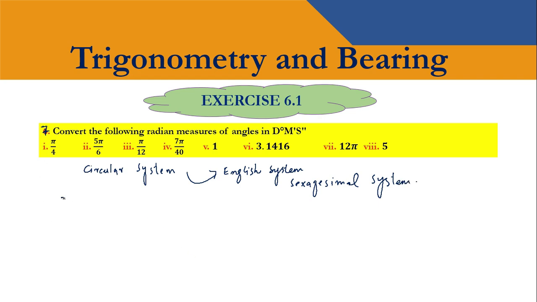So as we know, 2 pi is equal to 360 degrees and pi is equal to 180 degrees, and 1 radian is equal to 180 divided by pi degrees. To solve this question, we use this information.